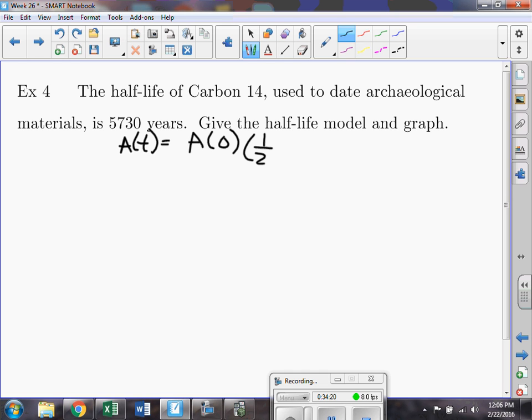What goes where? What is a of 0 in this problem? What is the initial value?